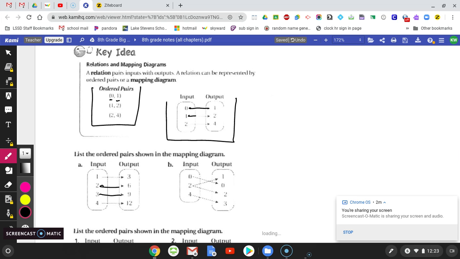I have the x value of 1 that goes to my output of 2, which means I have the coordinate point 1, 2. My input of 2 goes to 4, which means I have the coordinate point 2, 4. So they actually represent the exact same thing. So it doesn't matter which way you're looking at it. You can always turn ordered pairs into an input-output table, or you could turn an input-output table into ordered pairs.